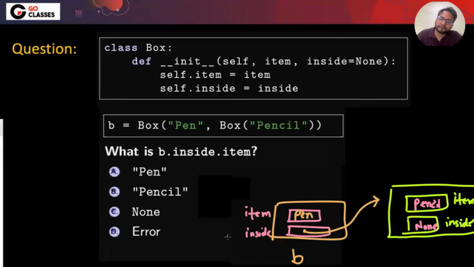What does this mean? B dot inside means they are talking about this. Dot item means they are talking about this pencil. So B is the correct answer here. Have you understood? Let me know.